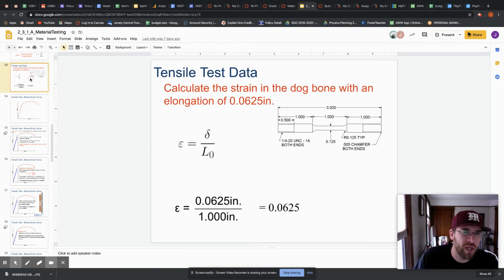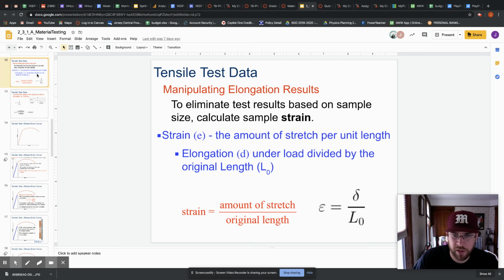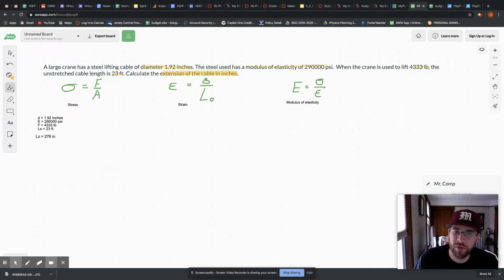We're going to use all of these different equations that we had listed in the previous part. Notice in the strain equation it is the amount of the stretch divided by the original length.